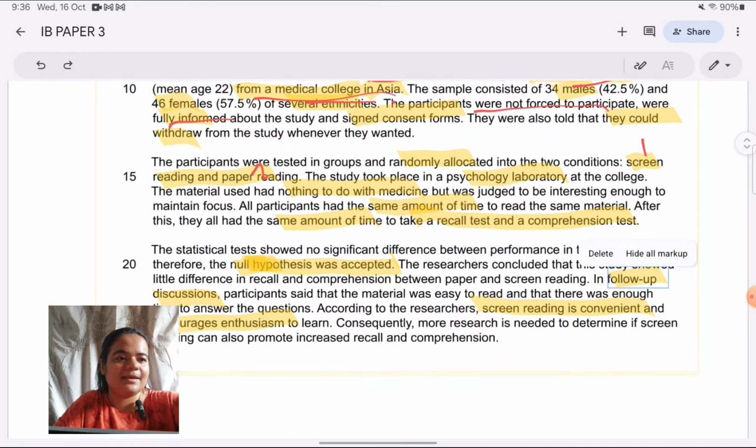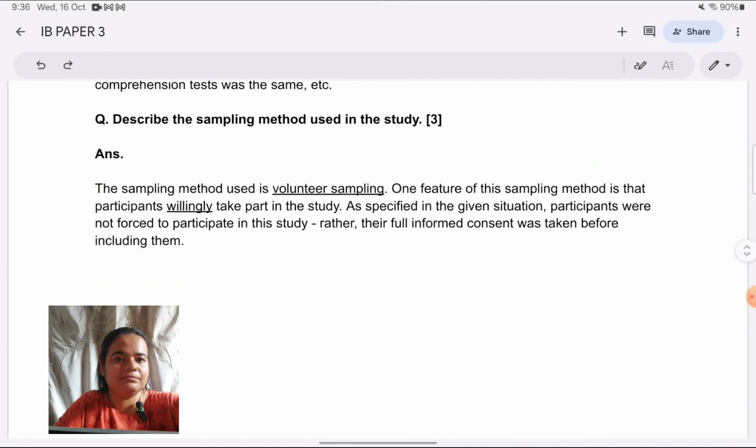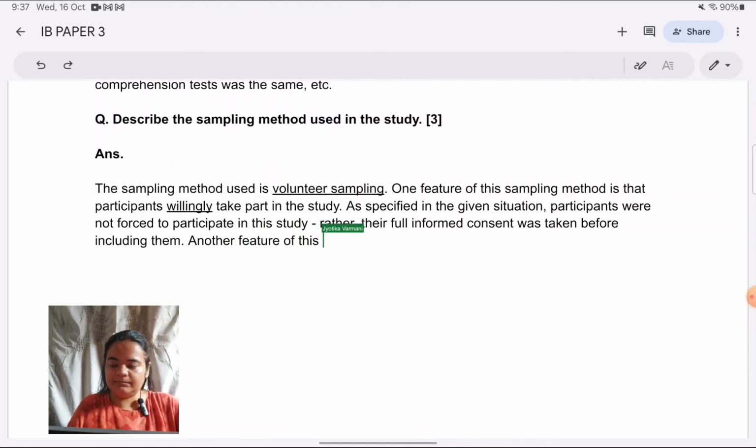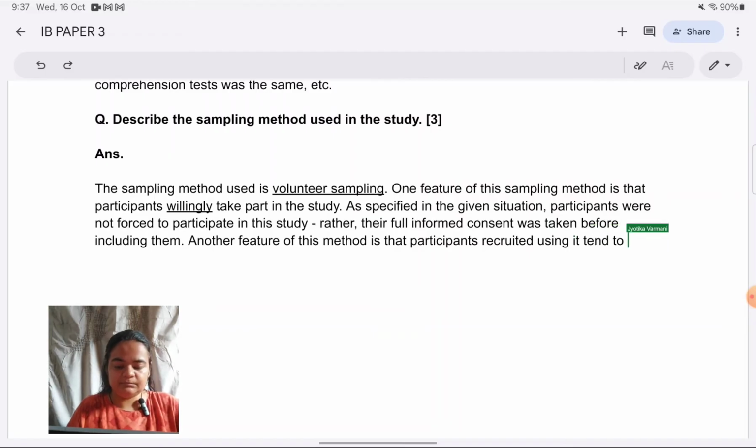Okay, so let's come back to the answer we were writing. Another feature of this method is that participants recruited using it tend to share characteristics that make them similar to each other.